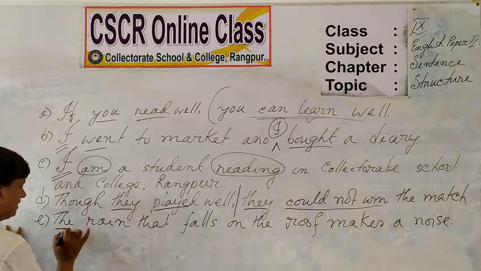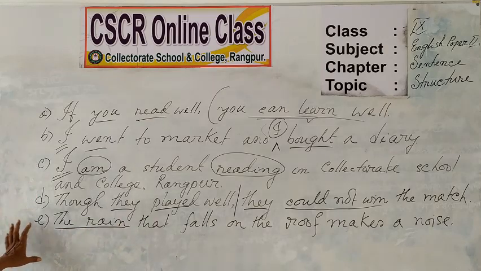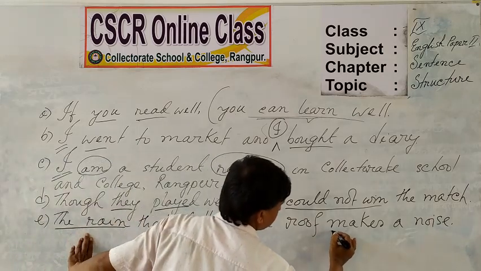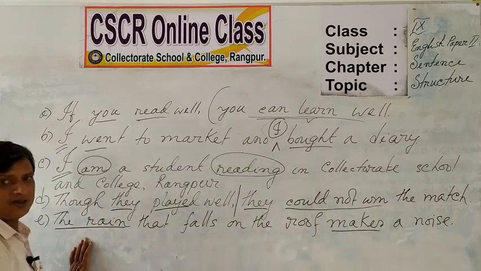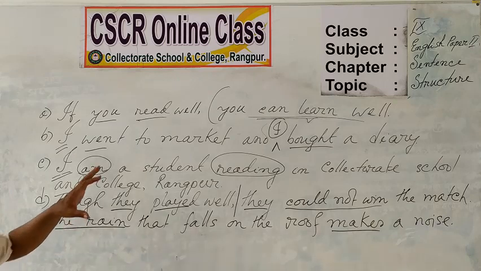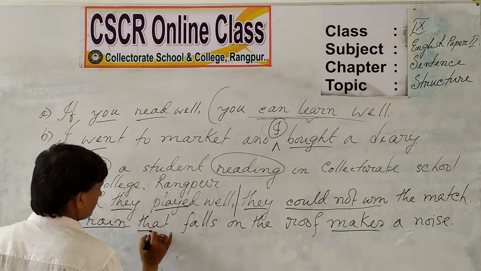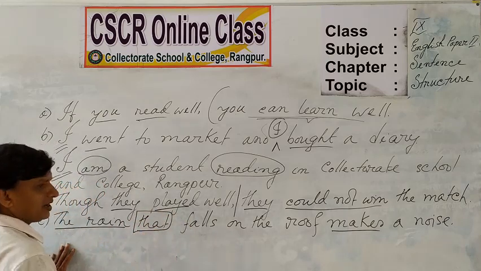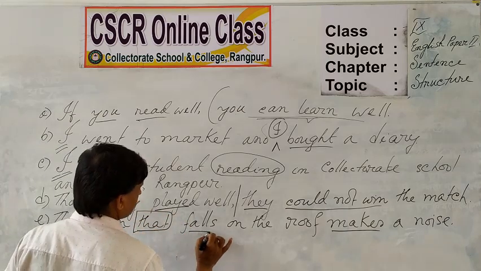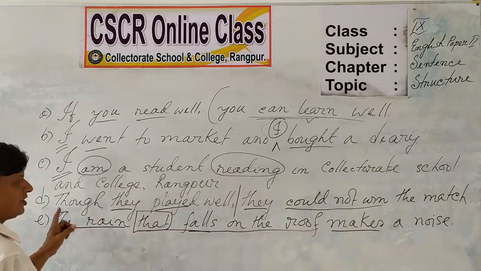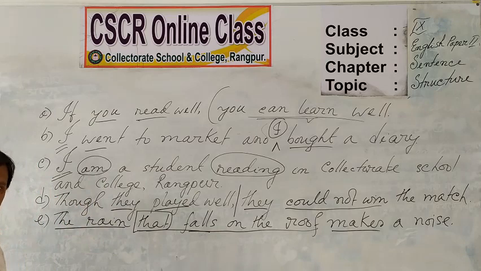Yes, the subject is rain, where's its verb? Its verb is makes. The rain makes a noise. In place of rain, the pronoun form that is used, and it takes falls. That means that falls on the roof is a part, and the rain makes a noise is another part.